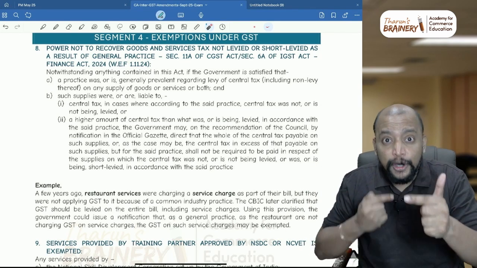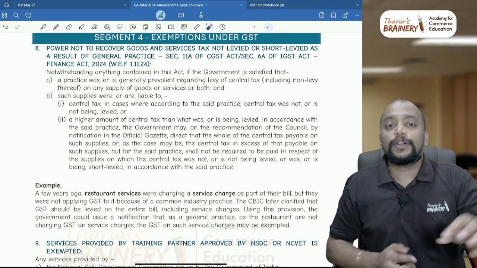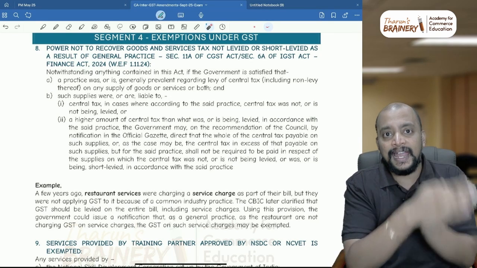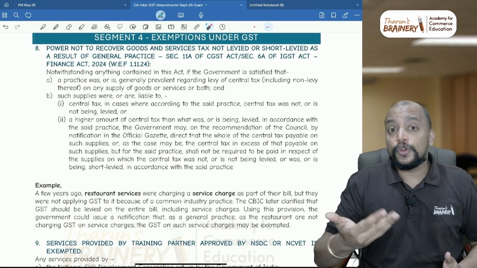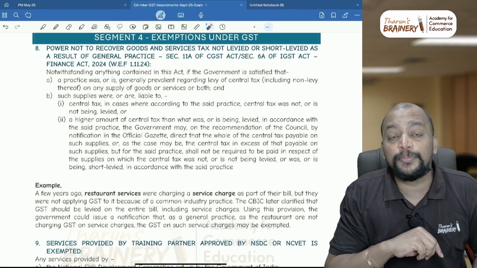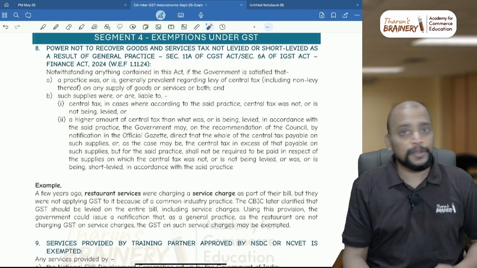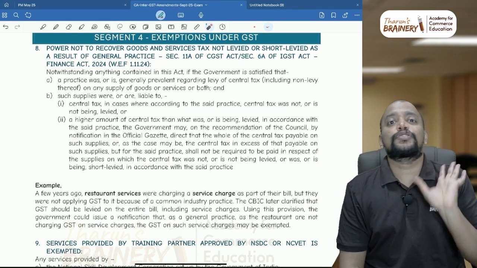To bring a point into taxability, they need parliament approval because they need to present it in the Finance Act and they need a parliament approval, and then the amendment will come into place. But to roll back, to remove it, then logically we need to take parliament approval, but for that reason they are telling again no need to wait for the parliament approval. The government can by way of notification itself do so.